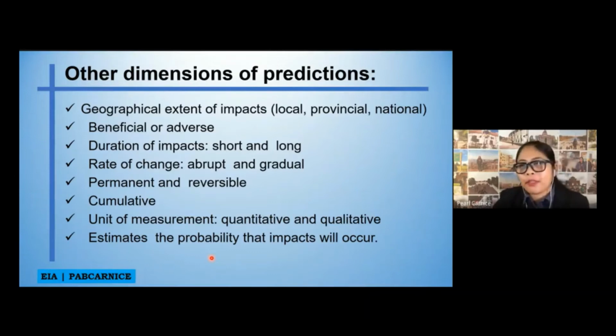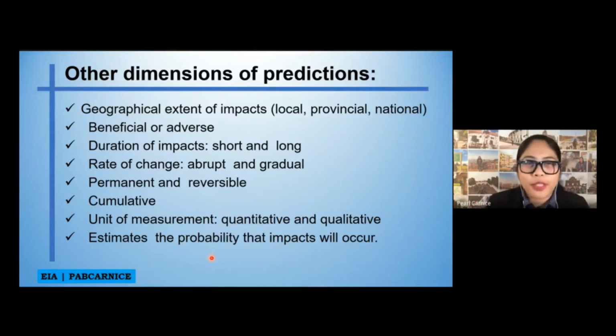So, for example, the impact of the project today is, let us say, going back to the example of the poultry business impacting the water quality of the nearby barangay wells. When we say cumulative, after 5 years, its effect is, let us say, the water quality was degraded by about 20%.